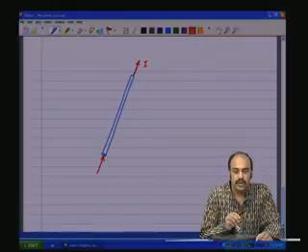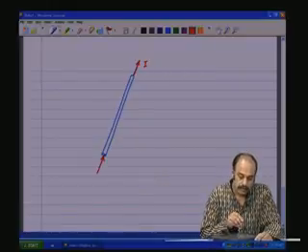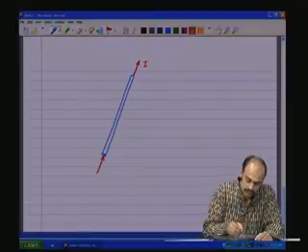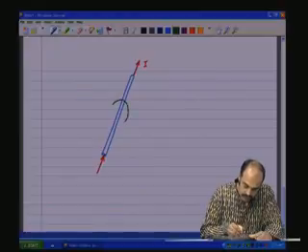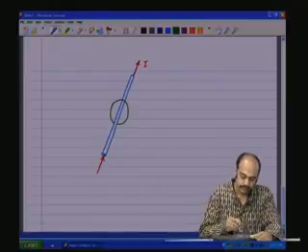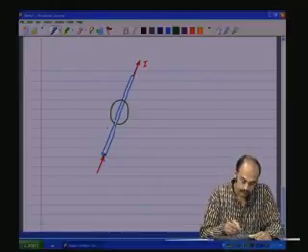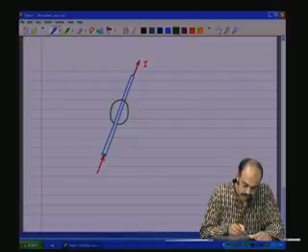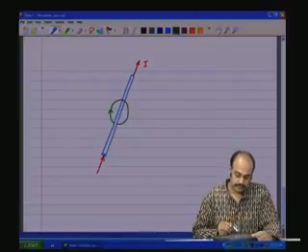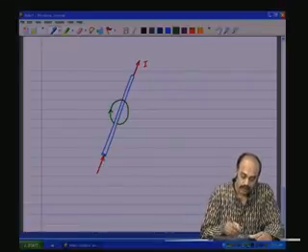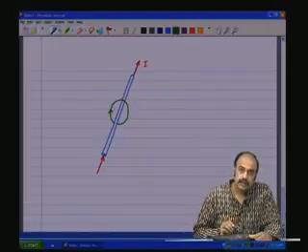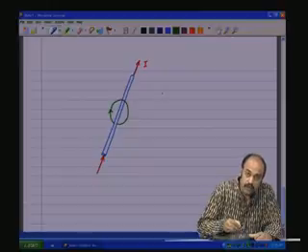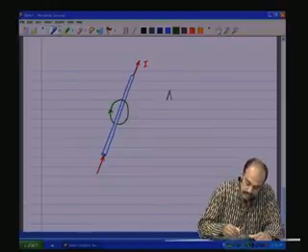then it is going to generate a magnetic field around that. So there will be a magnetic field around this conductor, with some direction, and this law is called the Ampere's law.